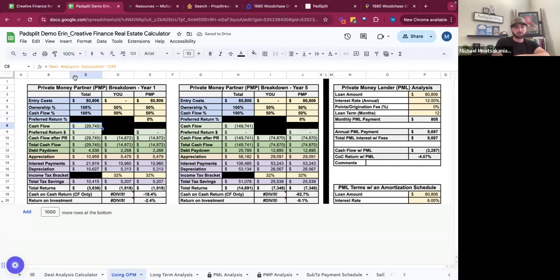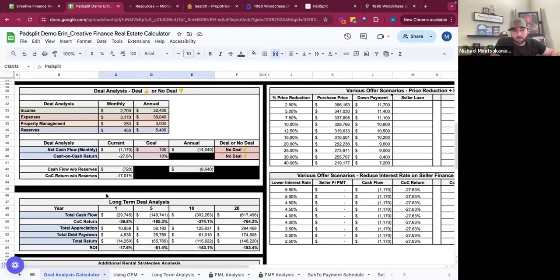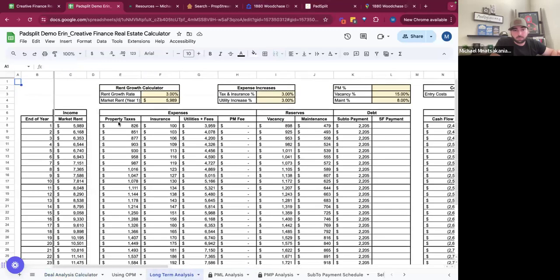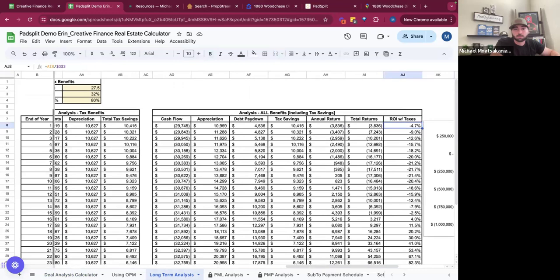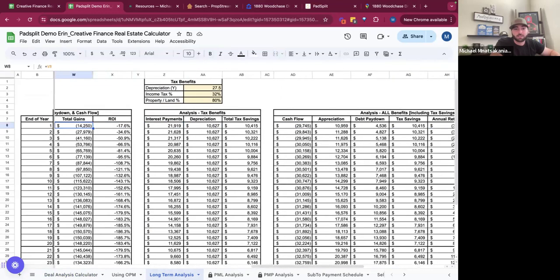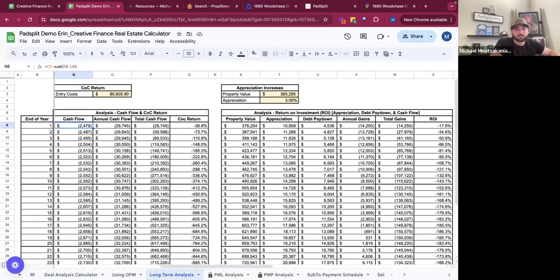So, let's see, deal analysis calculator C49. I just made the changes, so there might be a little bit. AD8 and long-term analysis. Let's see why the cash flow is wrong. 29,745, and that's going to go off of 08, which is this times 12, so C8 minus E8.